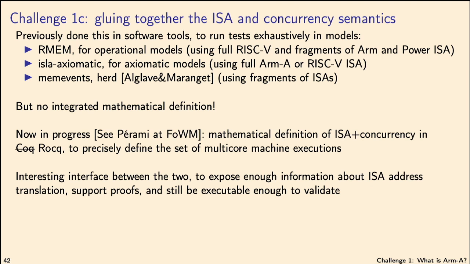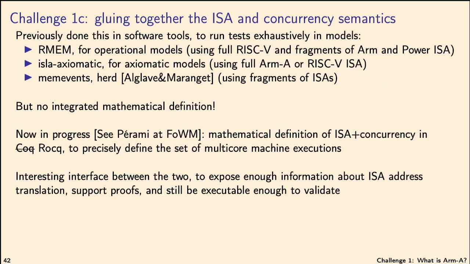And there is a very interestingly shaped line, because you have to understand the information that the ISA semantics has to expose to the virtual memory model in order for it to say what it needs to say without it being insanely complicated. And it has to be nice enough in style to support proof and still be executable enough to run tests. Right? Otherwise, we can't validate it ever, and it will be wrong.